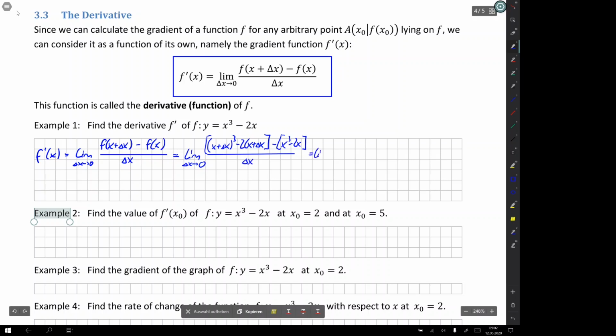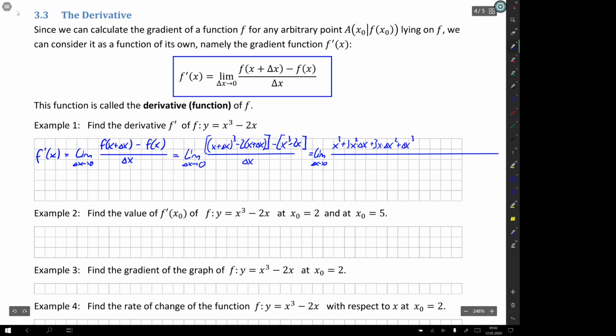And now let me expand this whole expression, and it becomes quite long. So x plus delta x to the power of 3. If you remember the formula for that, or you can use the Pascal triangle or calculate it explicitly, what we get is x to the power of 3 plus 3 times x squared times delta x plus 3 times x times delta x squared plus delta x to the power of 3.